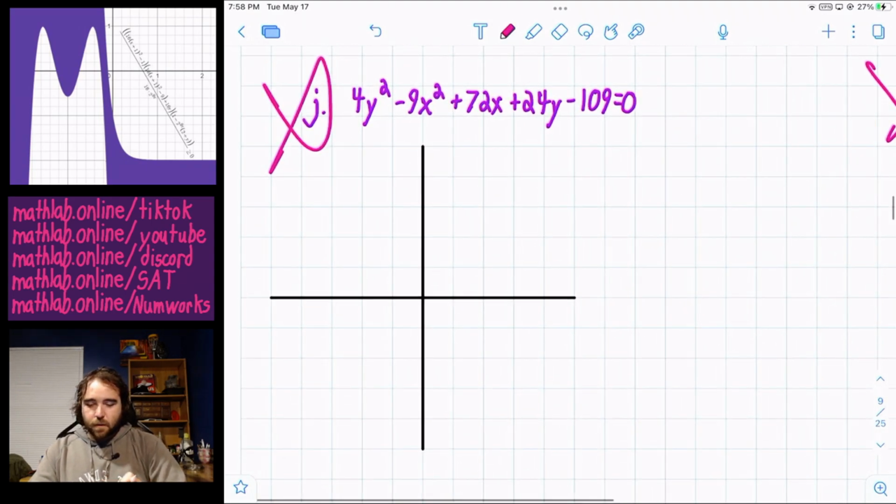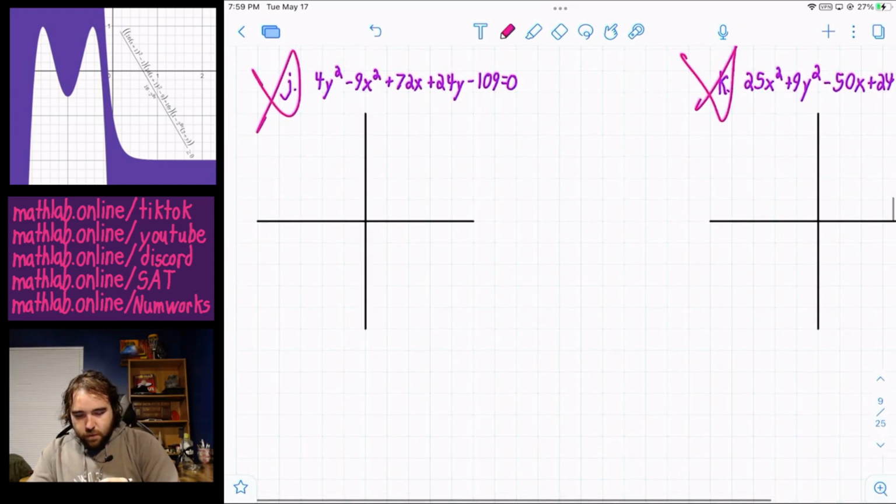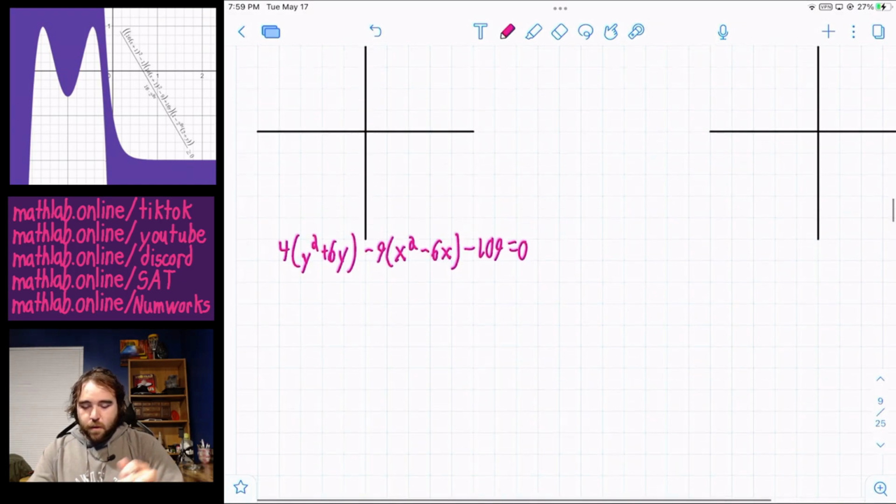Let's do the next one. So we got a factor from both here. So let's come down here and squeeze it in here. So we'll rearrange in factors. So 4y squared plus 6y minus 9, so we're factoring the negative, x squared minus 6x minus 109 equals 0.